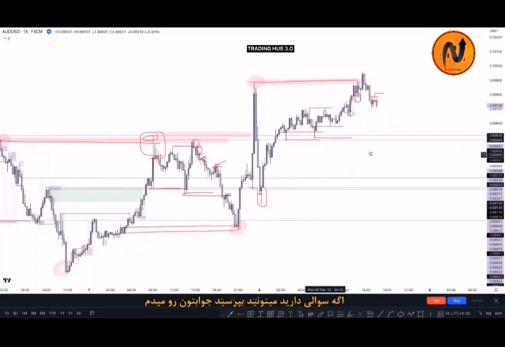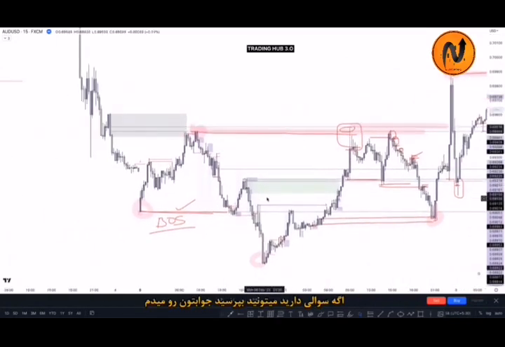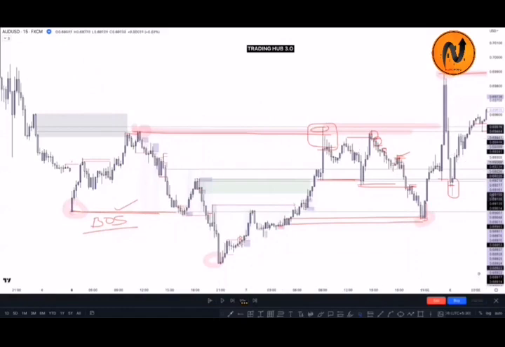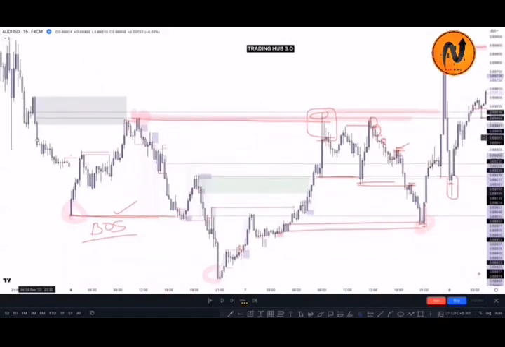If there is any question related to this one, you can ask me here. I will shout out, because once I upload on Discord, a lot of people ask me why this move happened here and why you marked this, and I'm not able to answer your question. So you can ask me here.